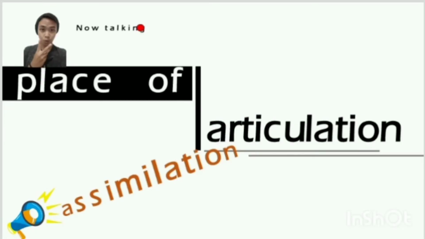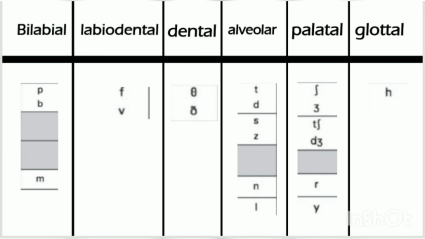Place of assimilation is the production of a sound when the last letter of the first word is alveolar, followed by a bilabial in the next word, and the first word is assimilated and changes the alveolar sound into bilabial. Alveolar sounds such as t, d, s, z, n, and l, where bilabial sounds are p, b, m, and w.